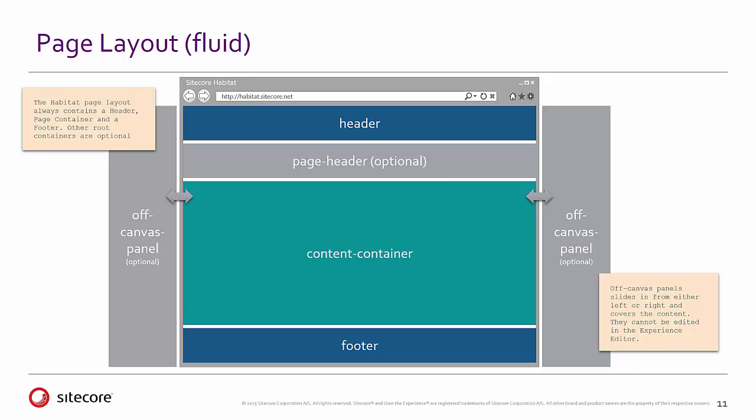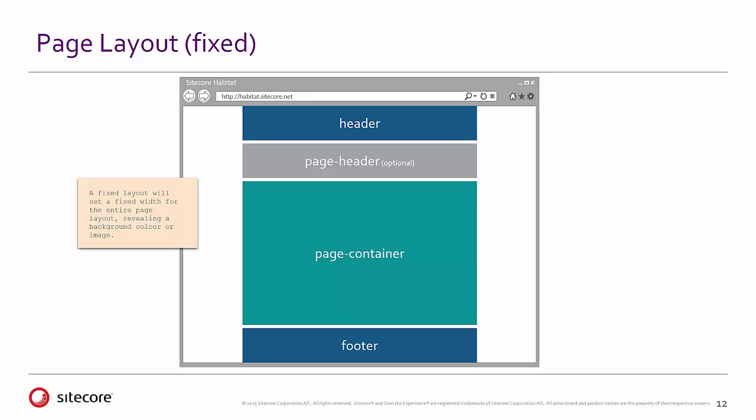There's also some off-canvas panels that slide in. It's possible to add those to the page layout to make them slide in and out of the page. They're generally not editable. It's for a tool or demo tools, and less for a dynamic page buildup.